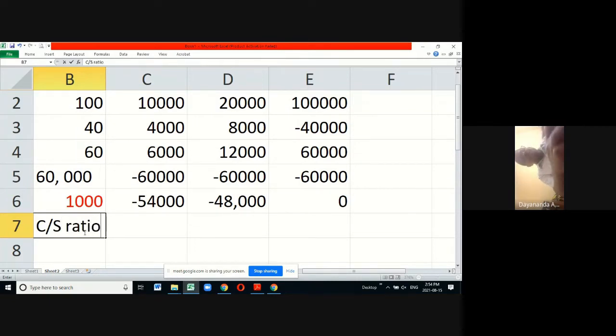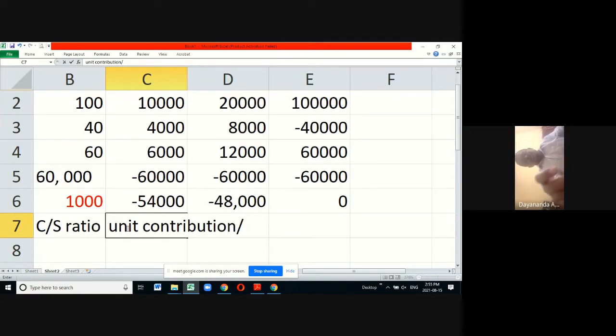CS ratio means contribution to sales ratio. It is calculated this way: you divide the unit contribution by the sales price, SP, and multiply by 100 because you want it in percentage terms.